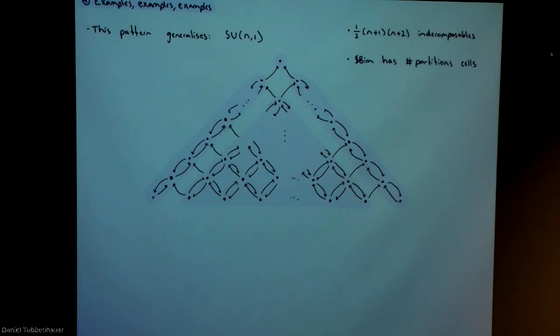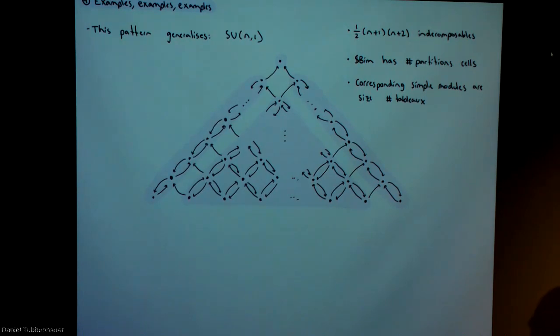And the number of cells for Soergel bimodules is given by the number of partitions of n+1. And so we have a certain number of simple module categories. We know how many indecomposables we have.